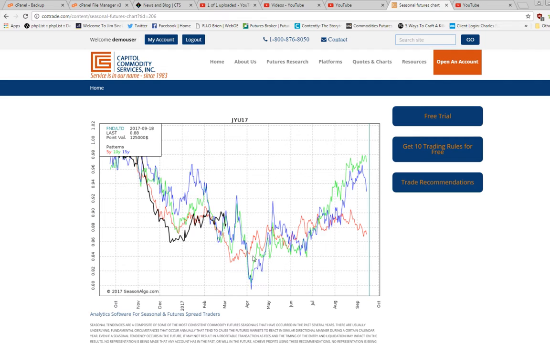And then both of those run up pretty strong for a month. Actually, they all line up together to go up into early May, and then sideways to lower into July, and then up pretty good going into September. So that's what it's looking like for the Japanese yen chart.